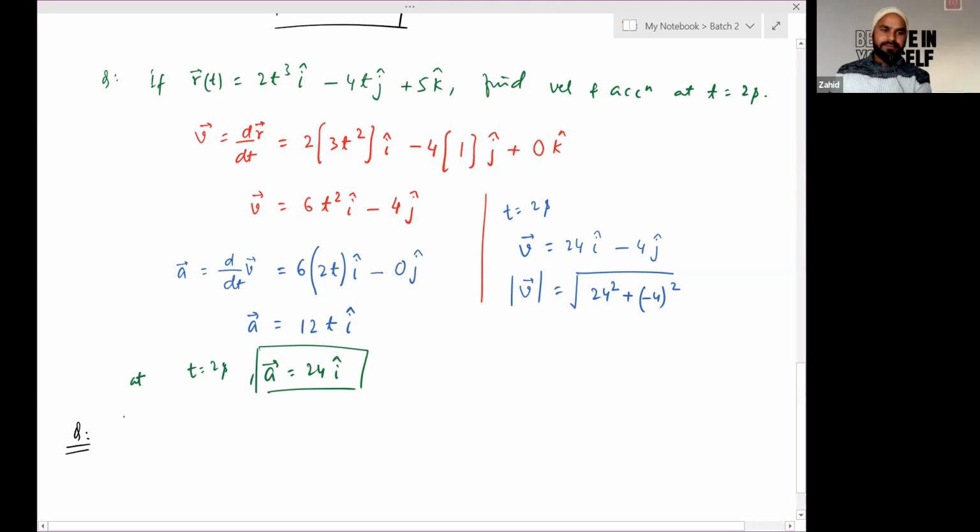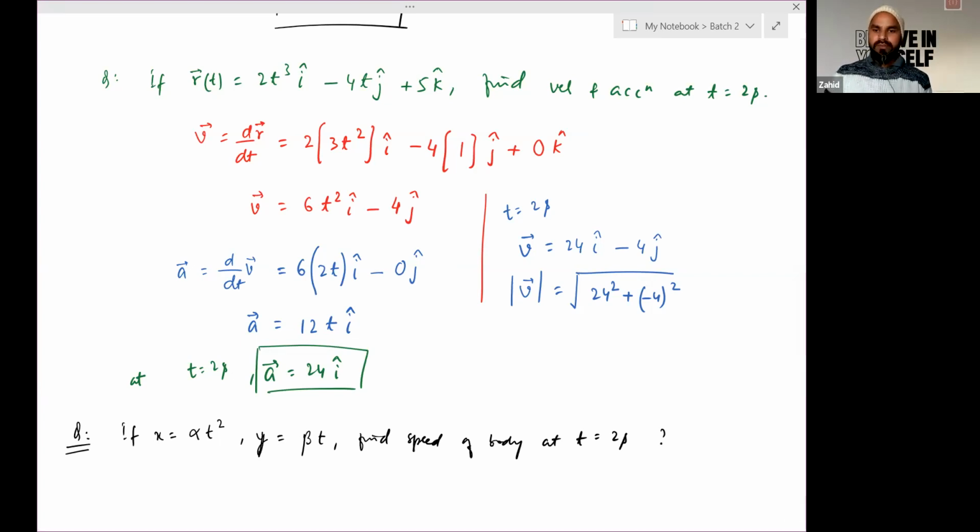There will be a question in this part. If x is equal to alpha times t squared and y is equal to beta times t, then find the speed of the body at t equals 2 seconds.